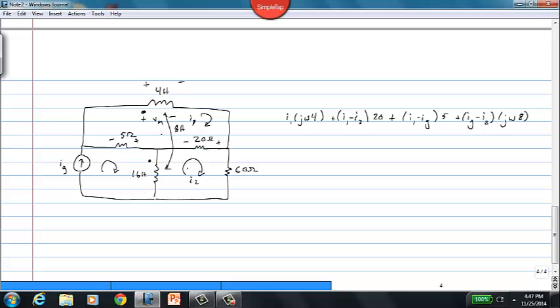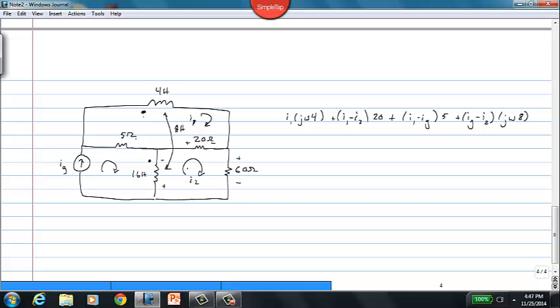Now let's analyze the mesh containing the current I2. I'm going to erase these polarity markings here because the polarities are going to change for this analysis, because we're using a different reference current. So I'll erase all those. Fix my circuit. I2 is going to be my reference current here, so plus, minus, plus, minus, plus, minus.